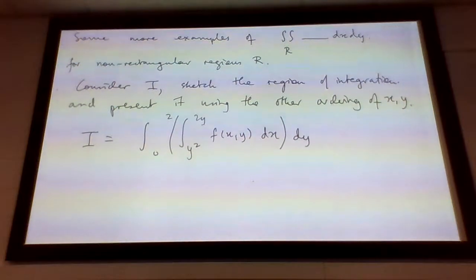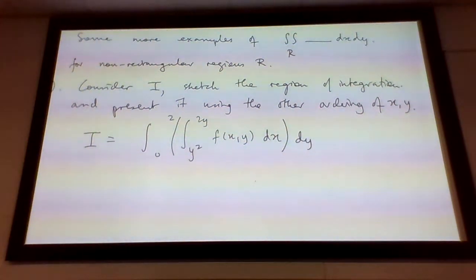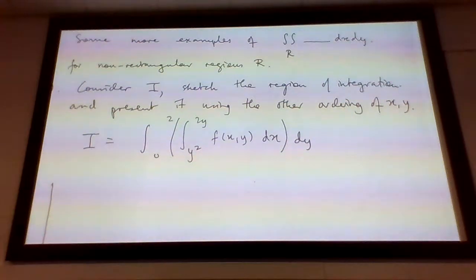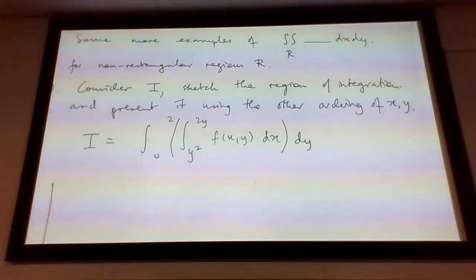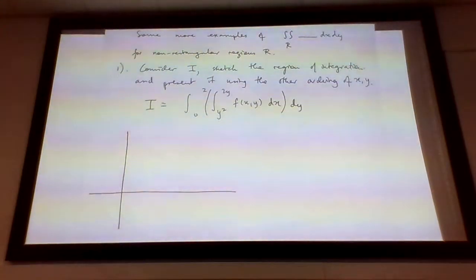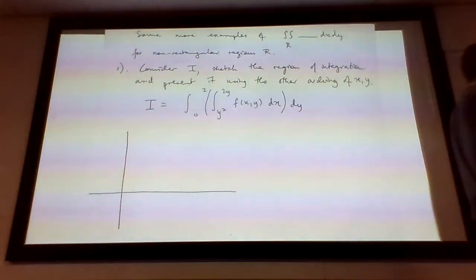So our first task is to sketch the region. Okay, so it's not immediately obvious what the region of integration is, because you've just got individual limits and so on. So I'm just going to start sketching the region. So we look at the outer integral first. The outer integral goes from y equals 0 to 2.